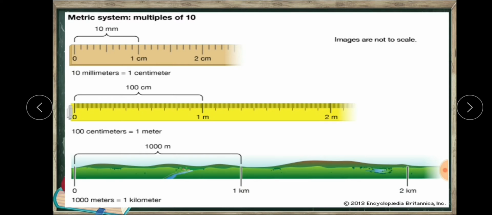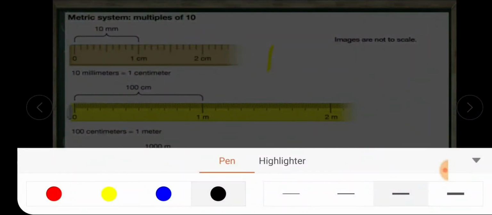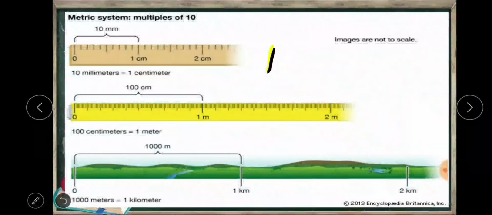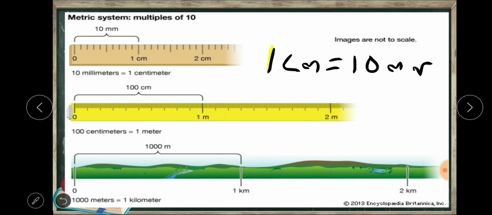Let's write here: there are 10 lines in between each centimeter. So we can say 1 centimeter is equal to 10 millimeter.